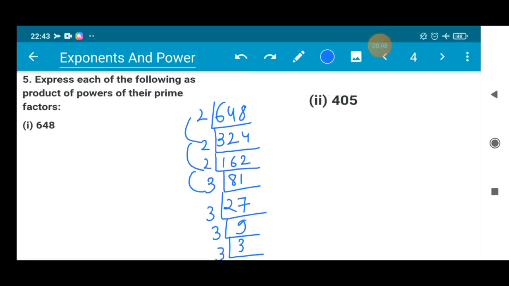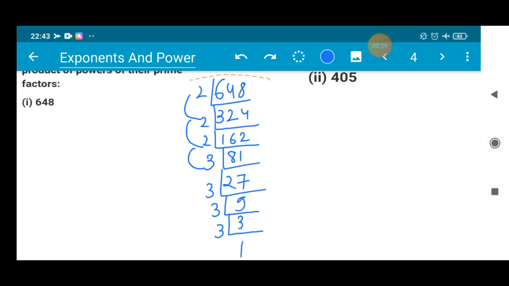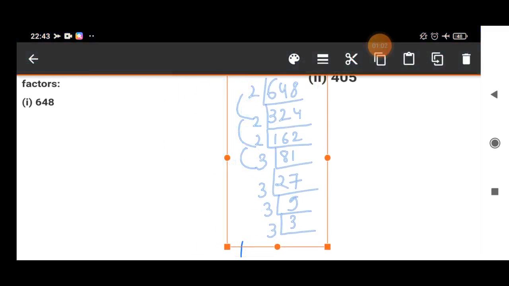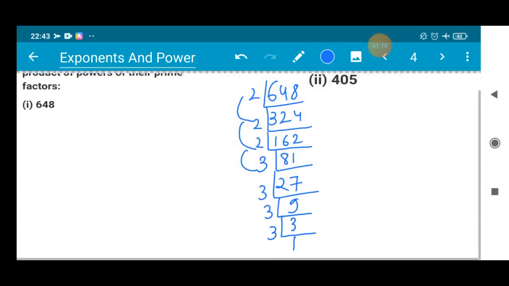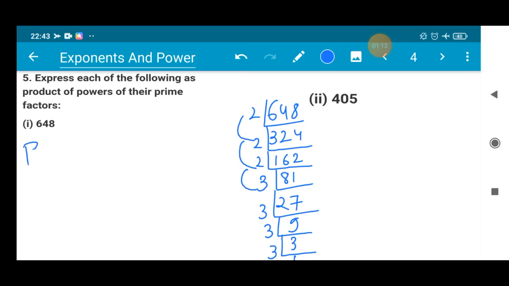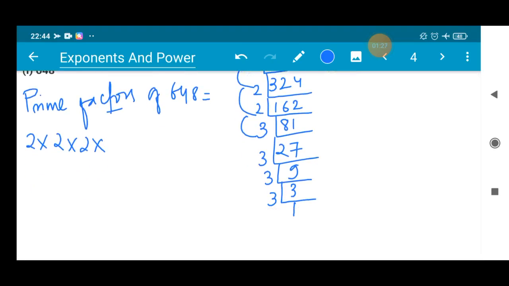They have said to convert this into the product of its prime factors, right? So let me convert this to this side. Okay, so you will write prime factors of 648 is equal to 2 into 2 into 2, 3 2s are there, and now 3 into 3 into 3 into 3, 4 3s are there.